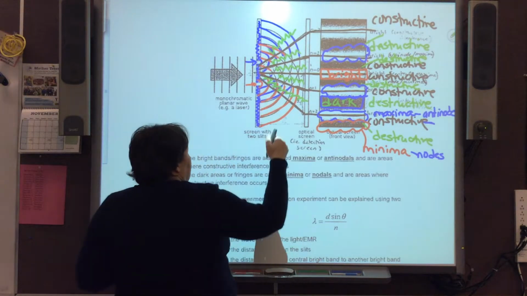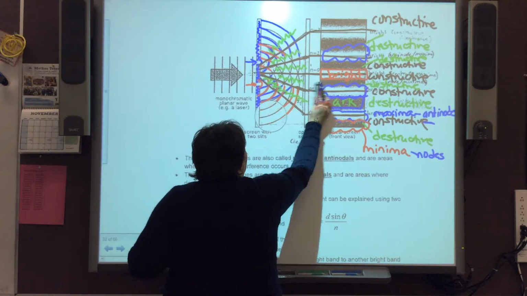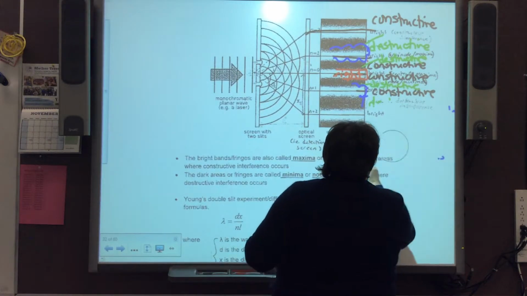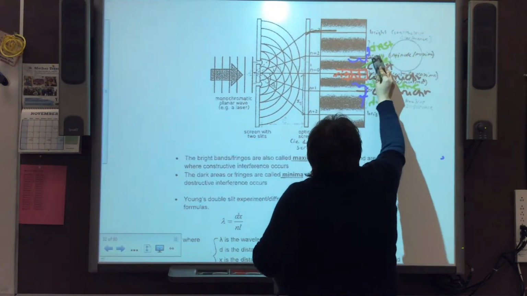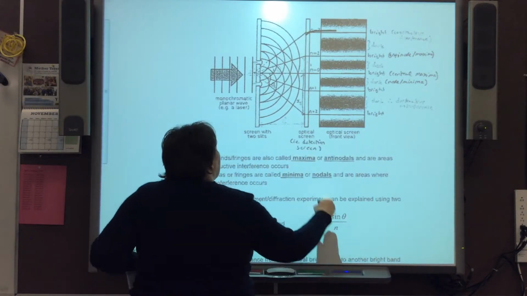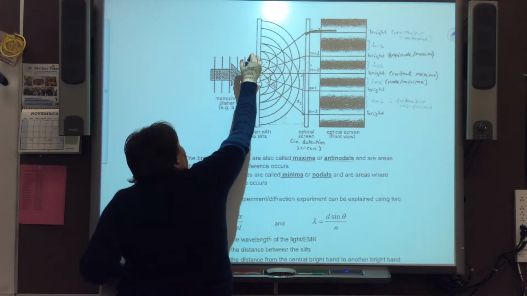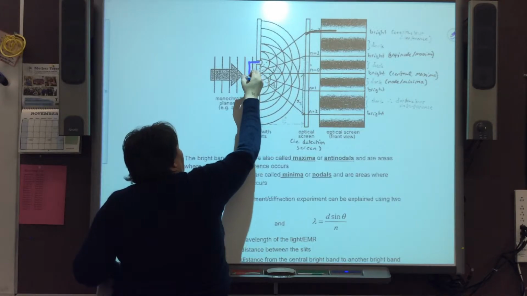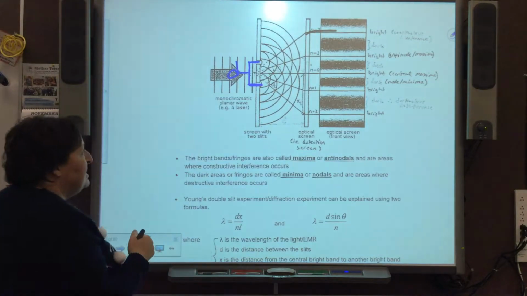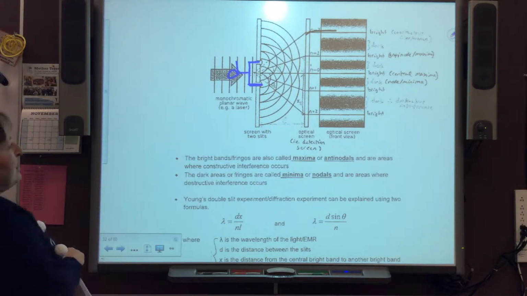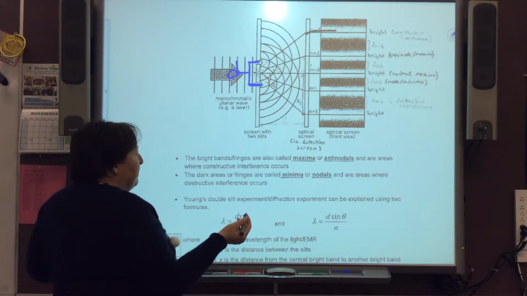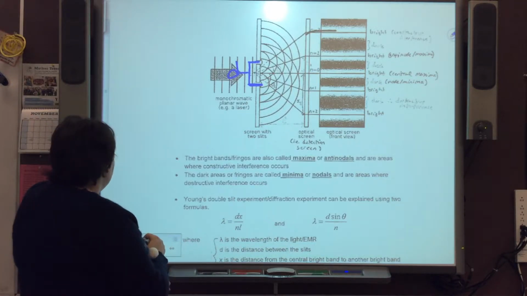D is the distance here between this opening and this opening. That's the distance between the slits, that we call D. Lambda, of course, is the wavelength that was given to us.